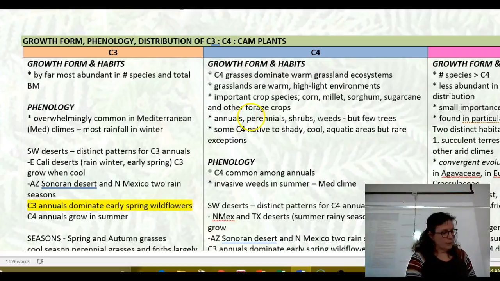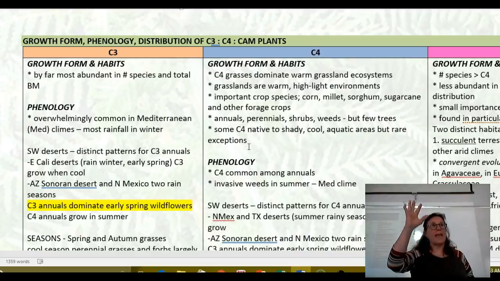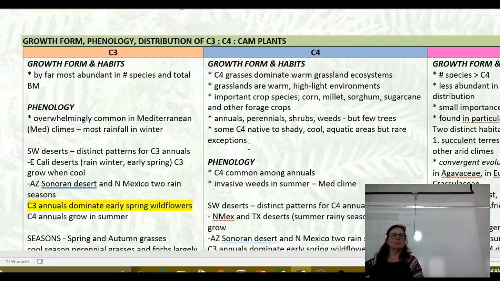Now, if you look at your book, again, this is what I'm trying to demonstrate, I hope successfully, that I have gleaned through this chapter's information and I have set up a table of comparison so that I can get more than just a tidbit of information about the growth and habitat of a C3 plant.